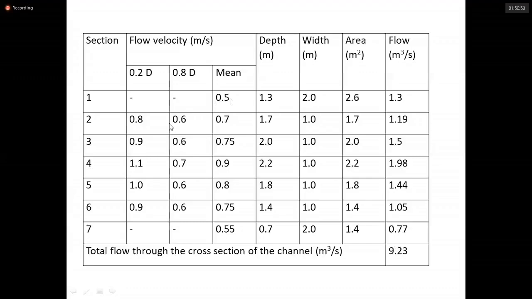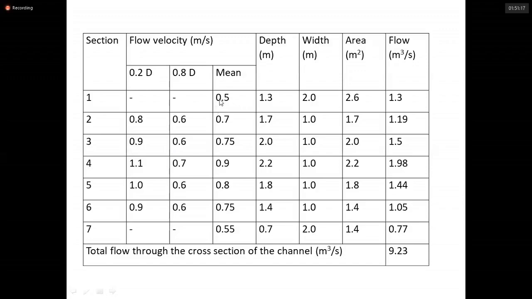So if you draw a table like this, it's easy to calculate. Here, first you have to write down the section. Then flow velocity 0.2d and 0.8d. For the two side portions, they don't give the 0.2d and 0.8d. They will give the 0.6d.